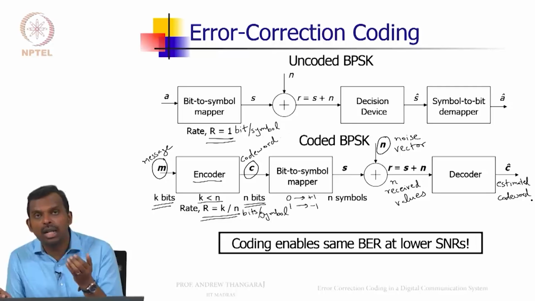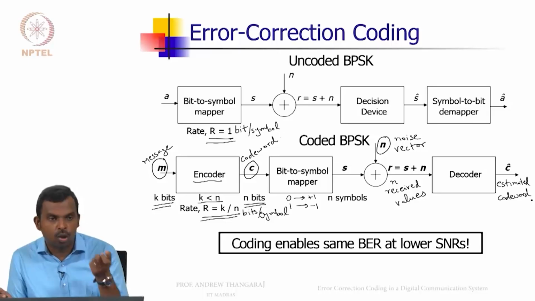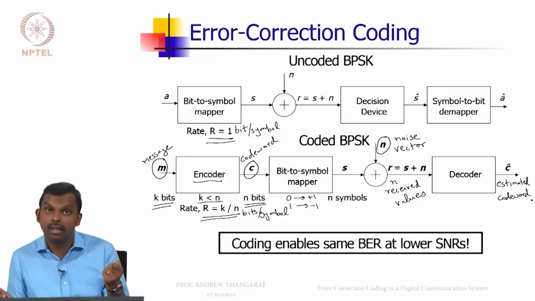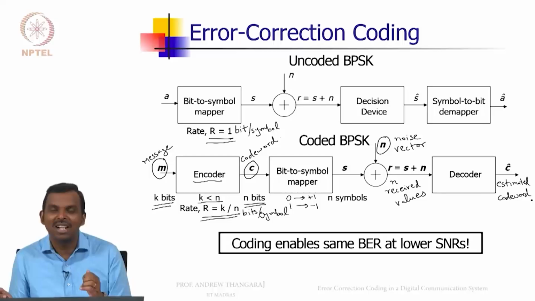Now, why would you want that? Because in your system, the signal power costs you something. If you think of a mobile phone, the signal you are transmitting costs you energy, and that energy comes from your battery, which is getting drained. If you use less energy, then you can use the battery energy for other things, like maybe playing games on your phone, or your phone's battery will last much longer.